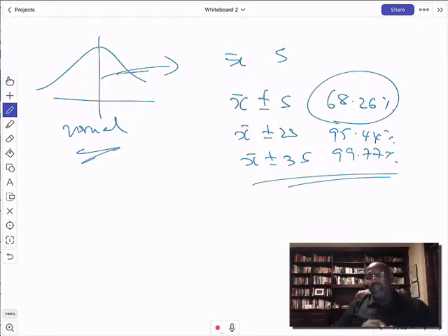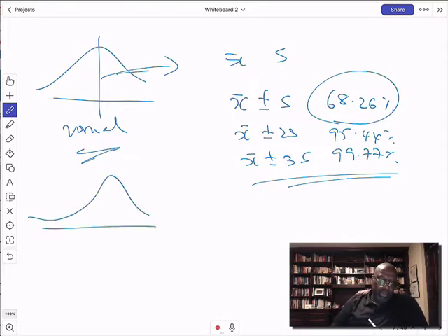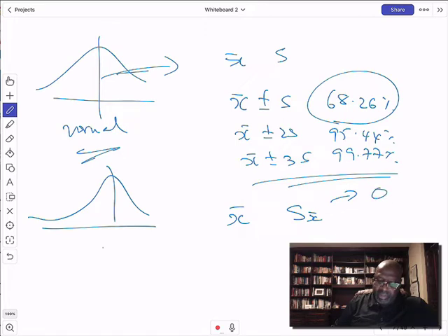So that was dealing with the population. But what if instead we were dealing with a sampling distribution, where now instead of just S we would get S x bar, which is the estimate of sigma x bar, but we don't know exactly what sigma x bar is at this point in time. And of course x bar is the estimate of mu. So the same concept applies.